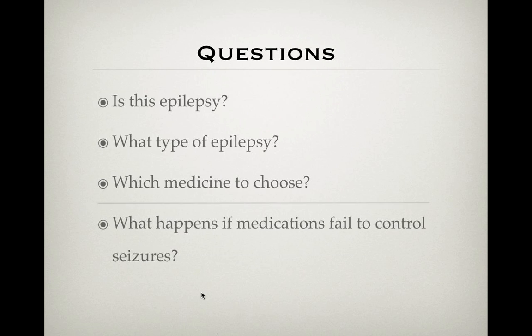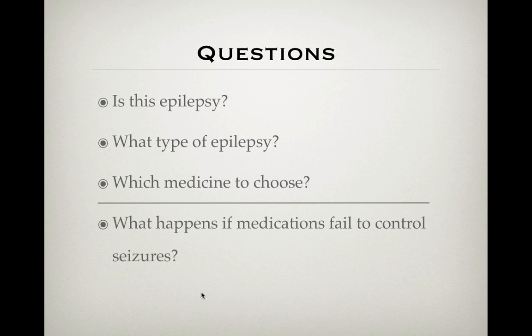So there are a few questions that we all have to ask ourselves as epileptologists, and clearly patients. Number one, is this epilepsy? There are several conditions where it looks like patients are having an epileptic attack, but in fact it's not necessarily the diagnosis of epilepsy, and we'll get back to that definition.